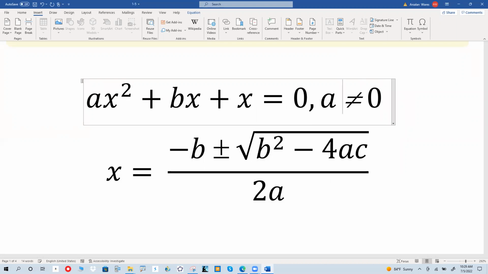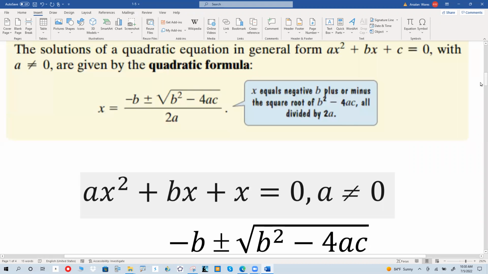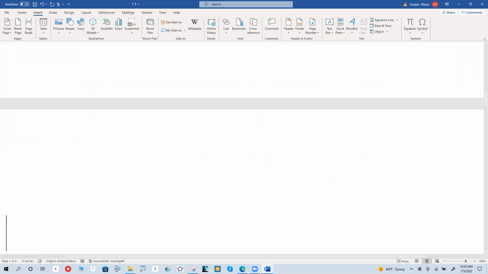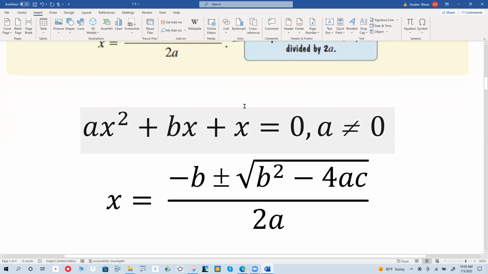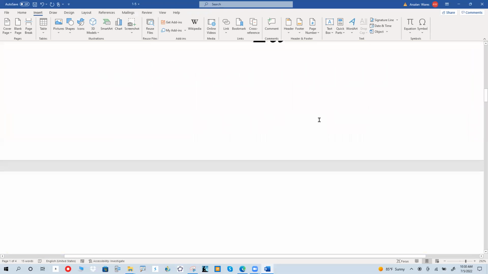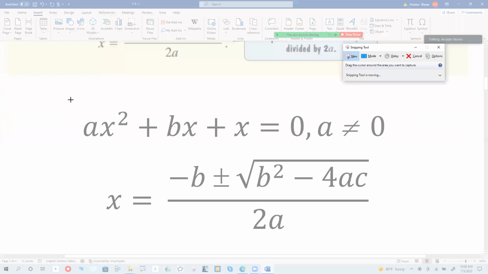Okay, so this is the quadratic formula. We're going to use it. So what does it say and how do we use it? That's going to be our next section. And this may allow us to wrap up our 1.5. And you're going to see a lot of problems from here.